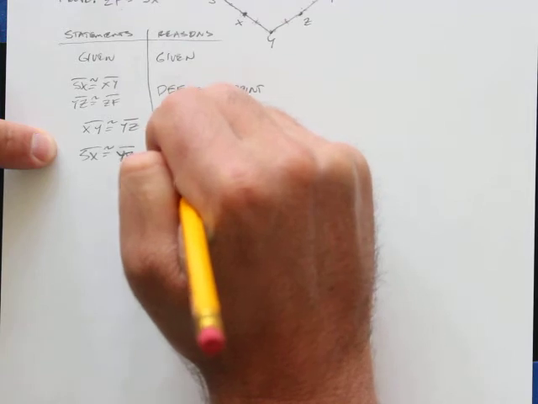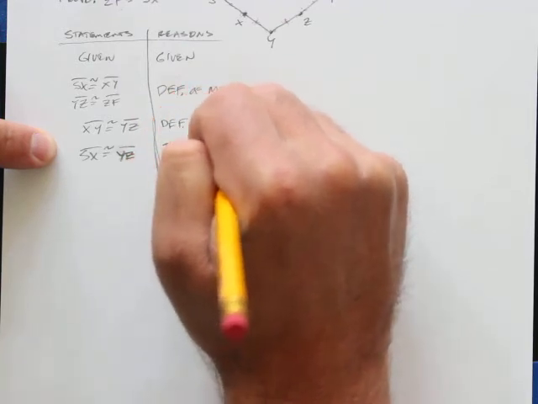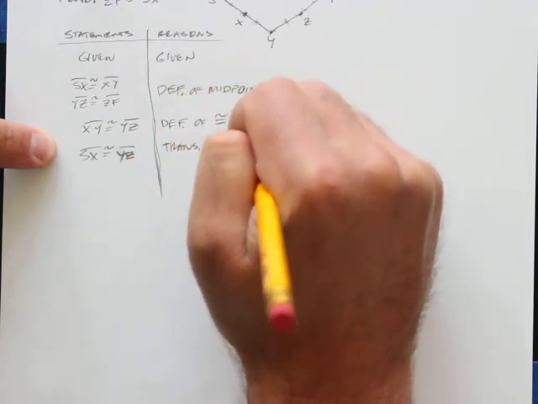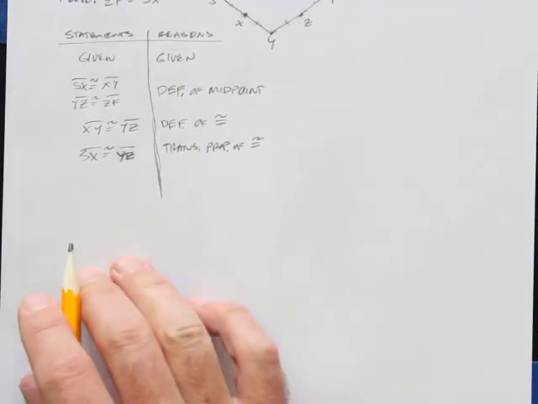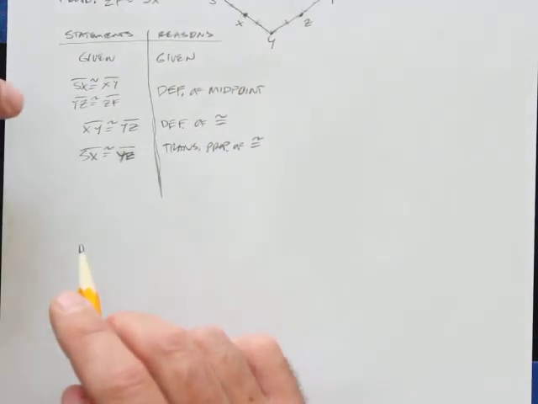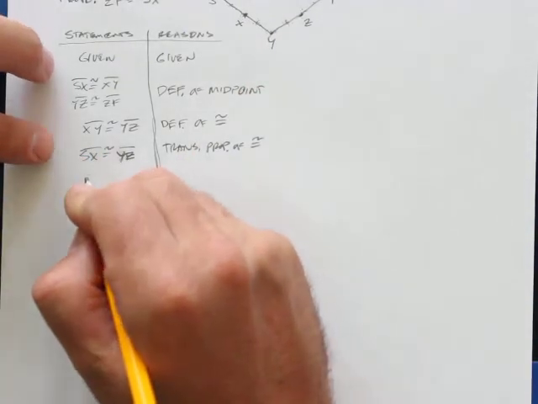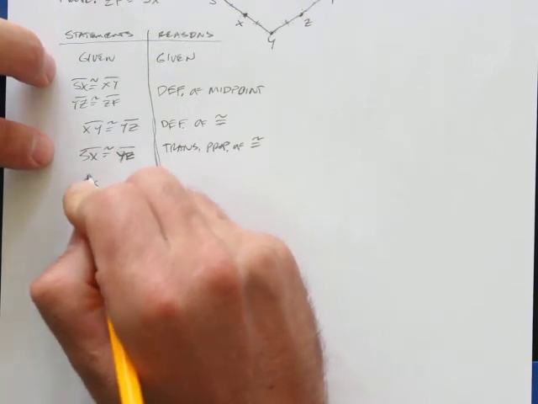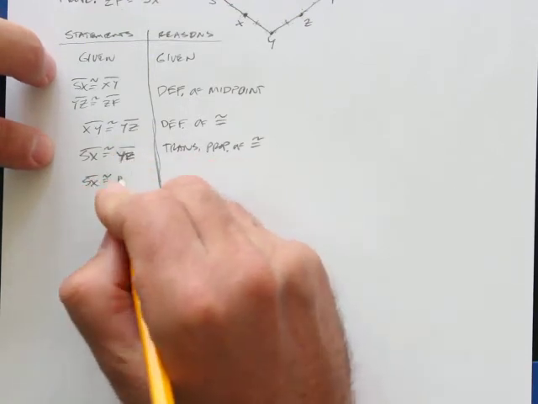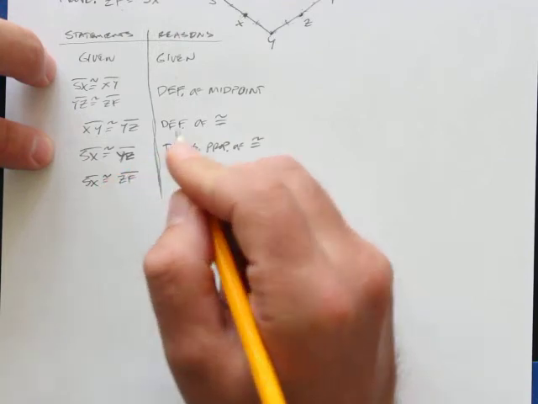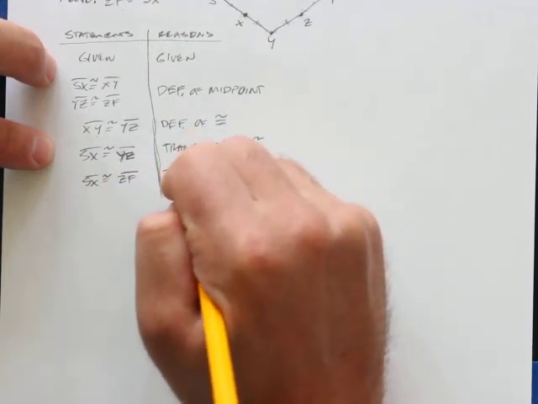Transitive property of congruence. And I can say SX is congruent to ZF by the transitive property.